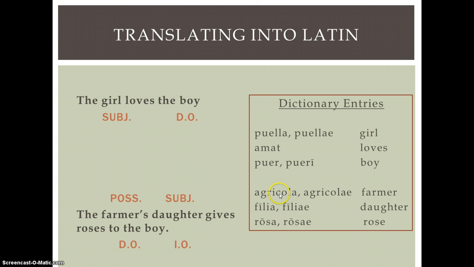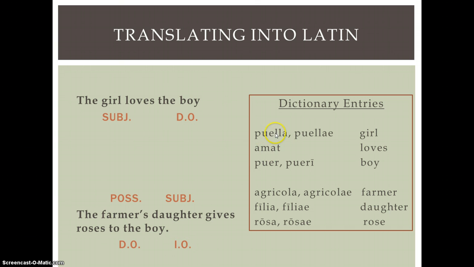And you now have the dictionary entry for each of the words, and therefore you can form the corresponding cases for a subject and a direct object, which would be a nominative and an accusative. For a possession, subject, direct object, indirect object, that is a genitive, a nominative, an accusative, and a dative.